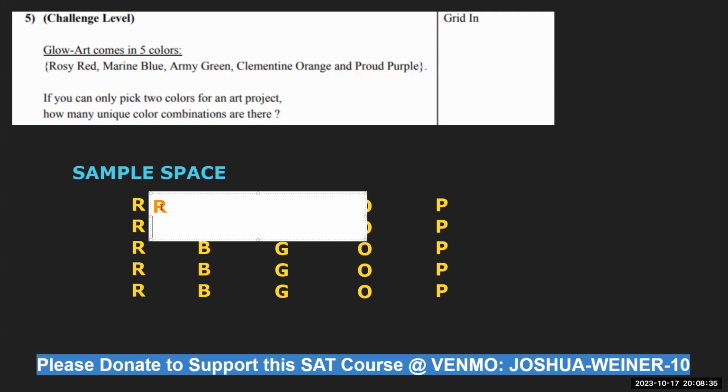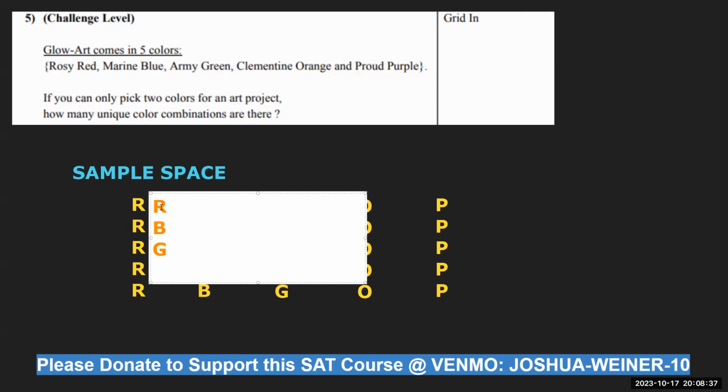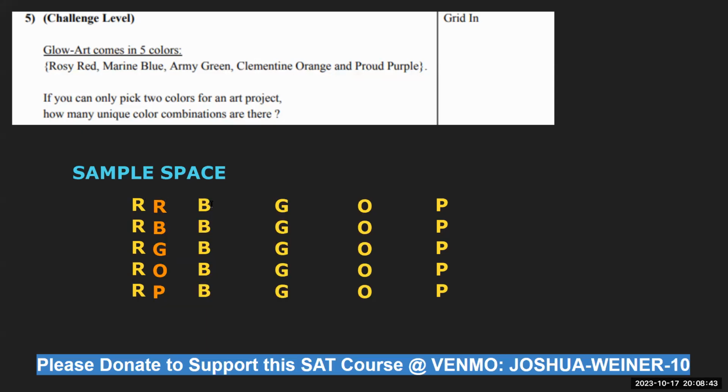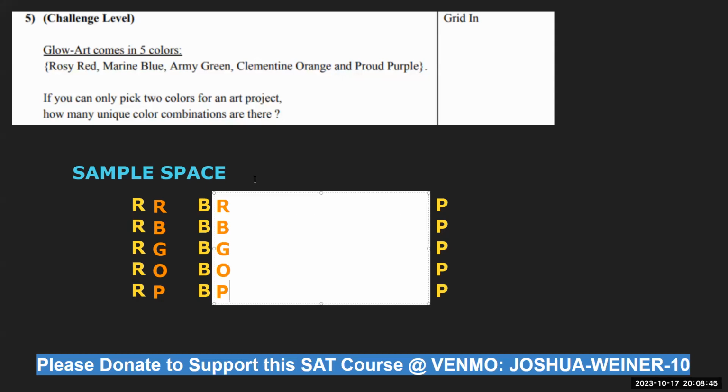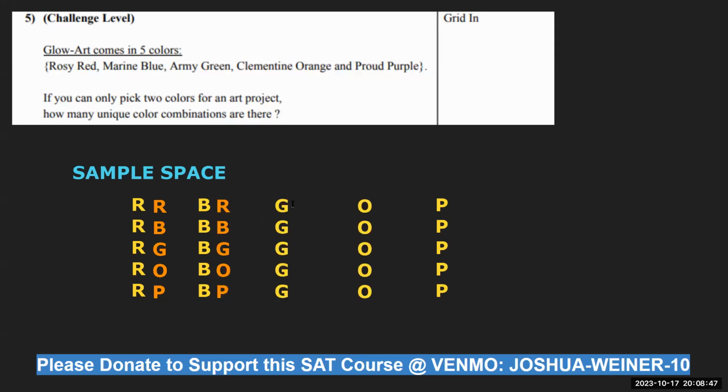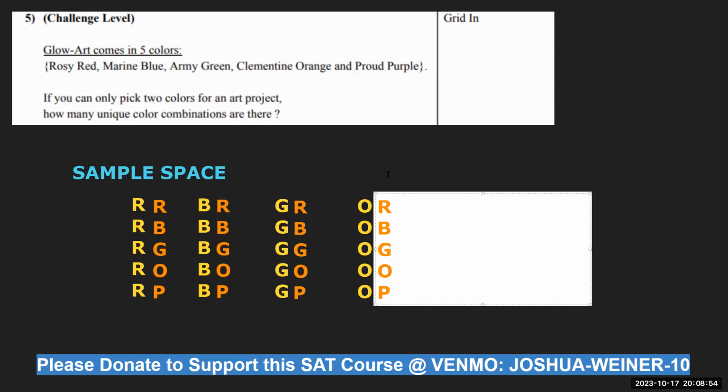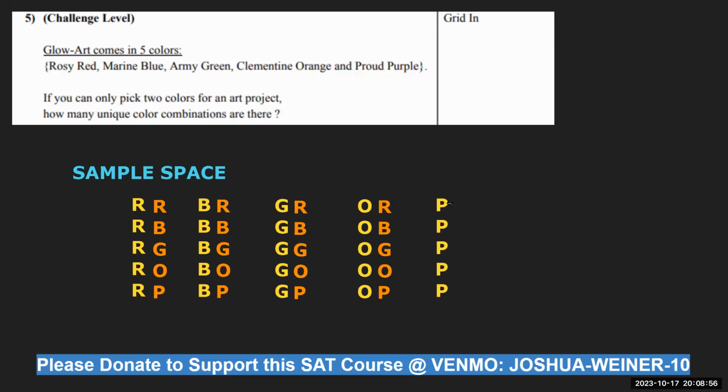Red, blue, green, orange, purple. Then starting with blue: red, blue, green, orange, purple. Those are the 5 colors. The third color matched with one of the 5 colors. The fourth color, orange, matched with the 5 colors. And the 5th color matched with all 5 colors.